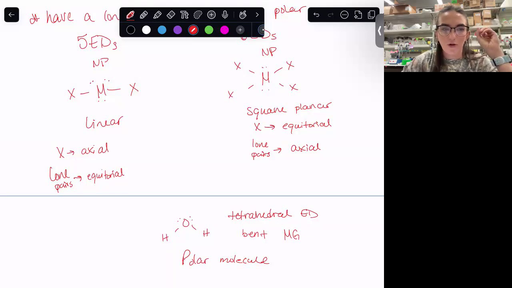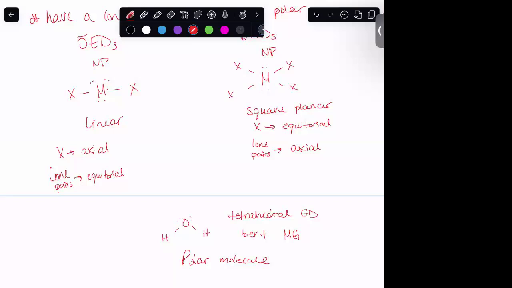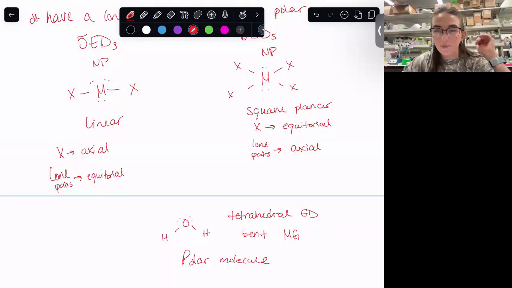Does that help a little bit with polar molecules? Yes, thank you. Right, so then you just need to remember your other shapes. If you know your shapes, that's the big thing. You have tetrahedral, trigonal bipyramidal, octahedral, and square or trigonal planar, those are the big ones.